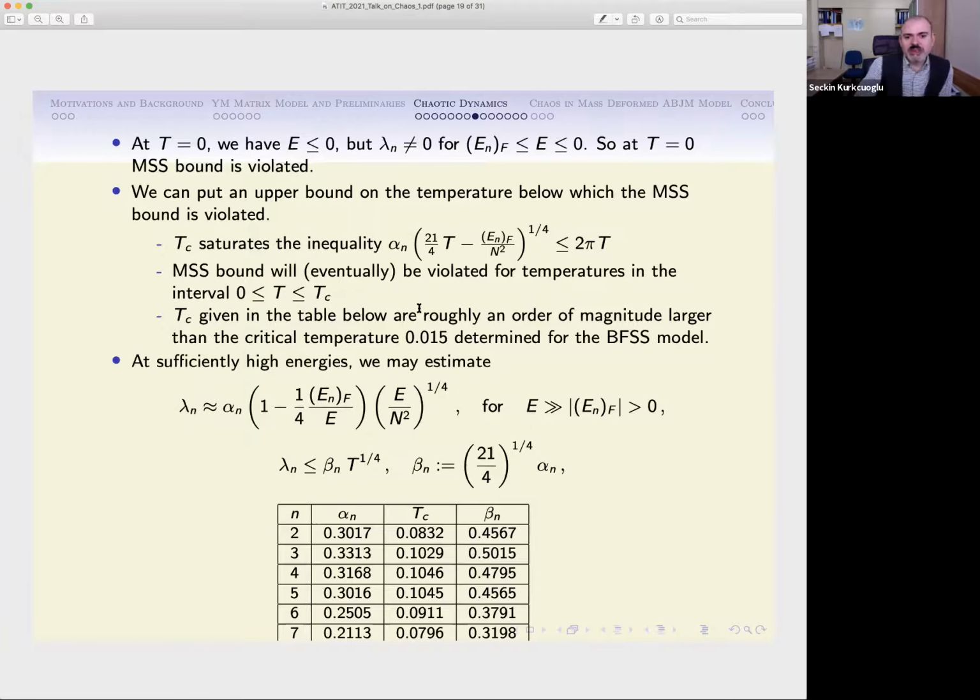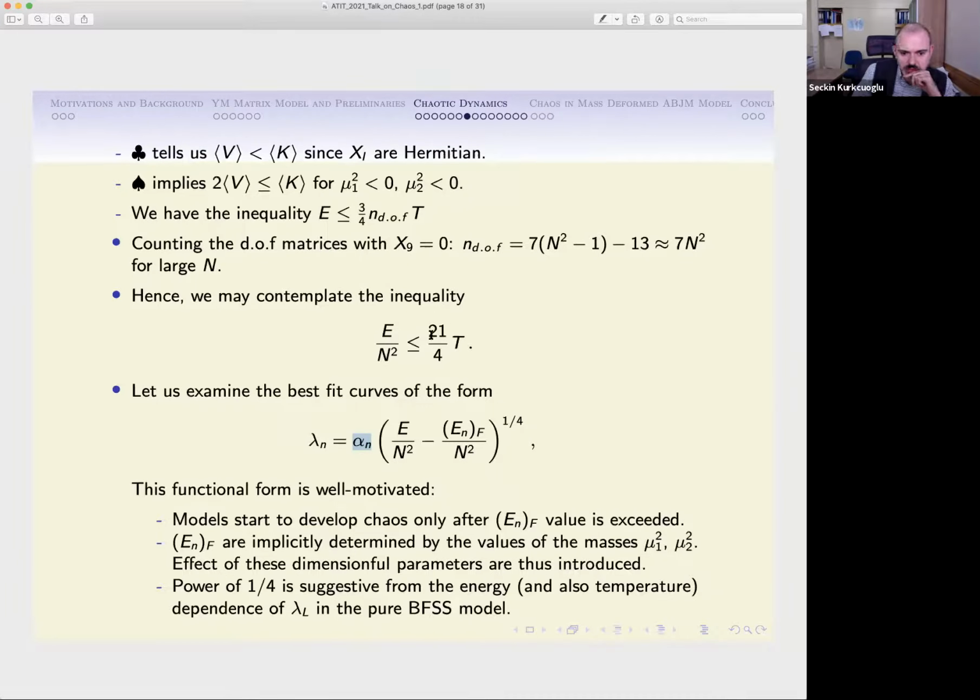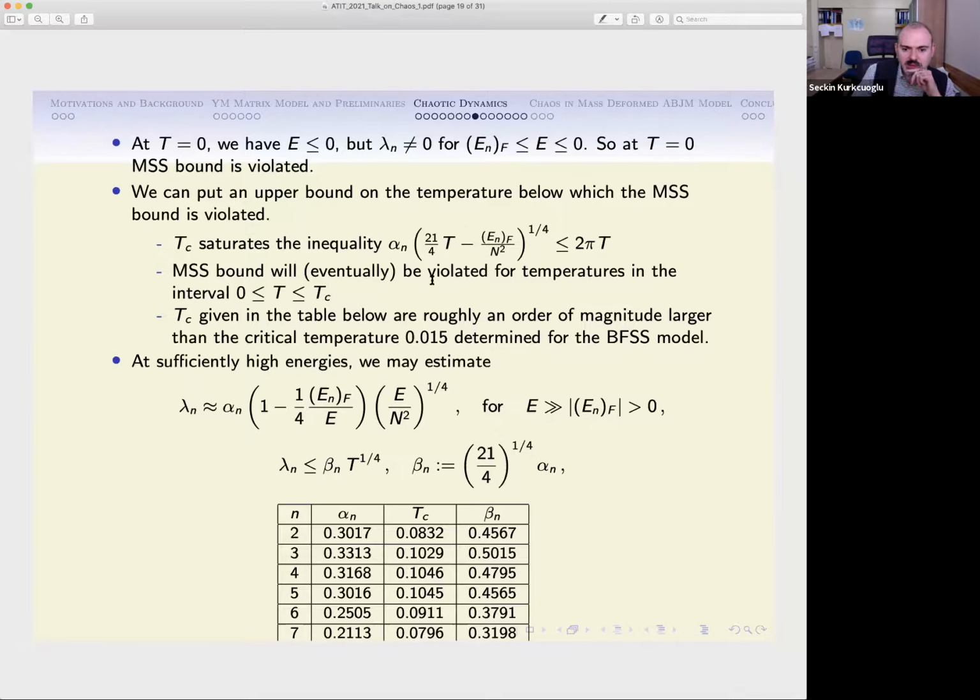So this is what we have found. If you like, instead of E over n squared, you can insert 21/4 times t here, and then compare this with the MSS bound.